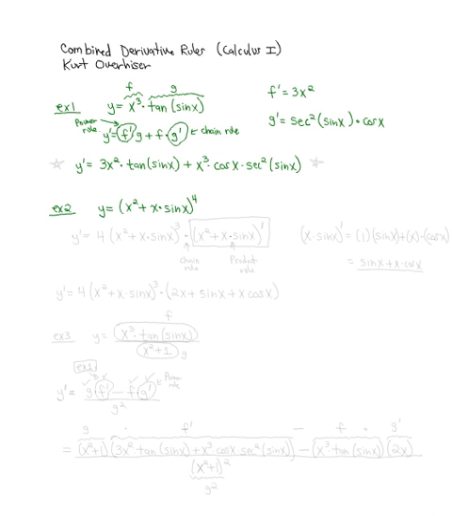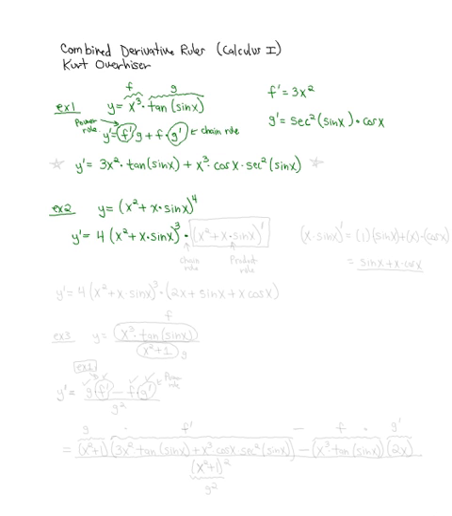That's why I was saying the order in which you use the different rules of finding derivatives will matter. So here we will start off with the chain rule and the power rule. The power rule says bring the 4 out in front, and then we can just copy the inside of the parentheses. So 4 minus 1 is 3. That's what the power rule states. And then because we just took the derivative of the outside function, we still have to multiply by the derivative of the inside function.